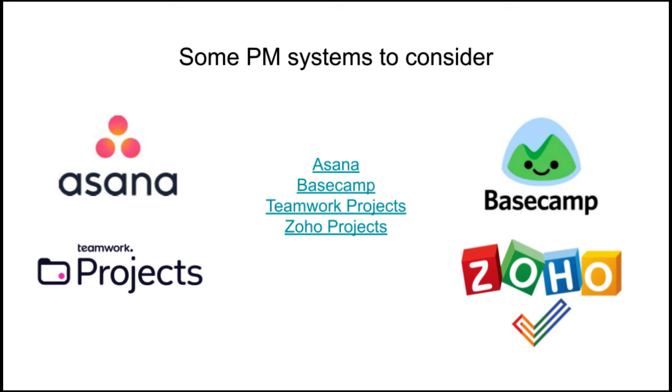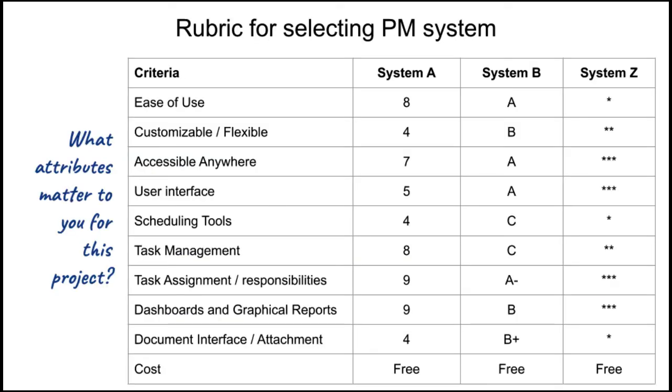Now, how do you decide which kind of system to choose? You can put together a rubric like this one to compare different project management systems based on the attributes that matter to you. Down the left side are a set of example criteria, and you could easily compare systems.